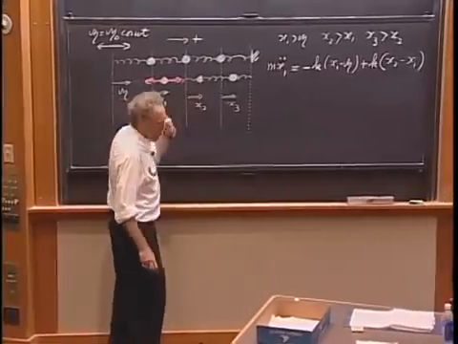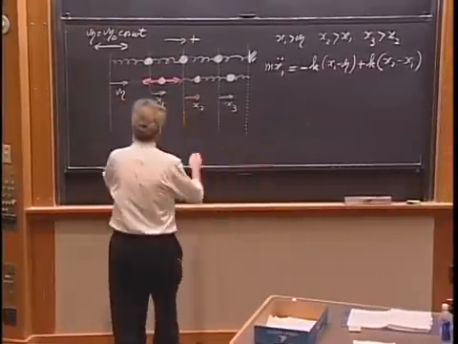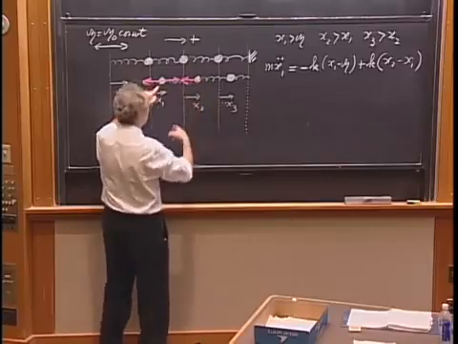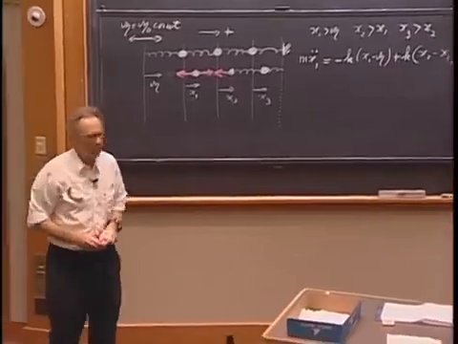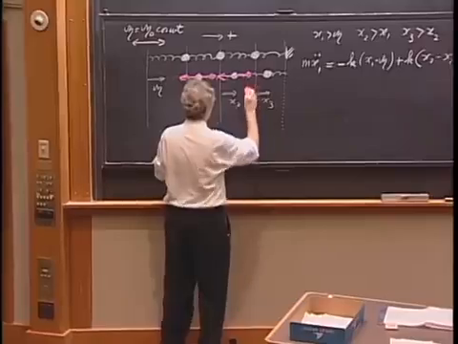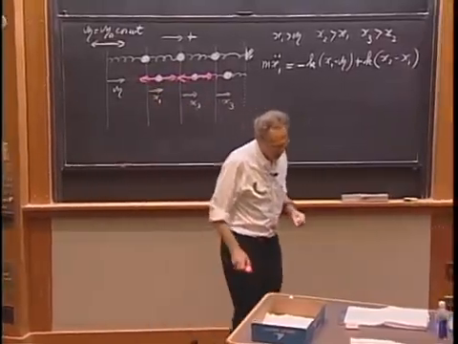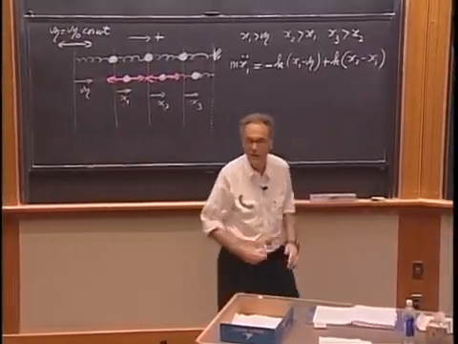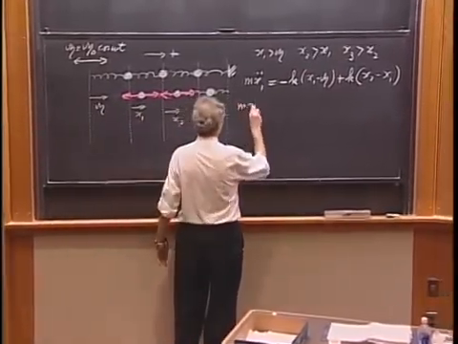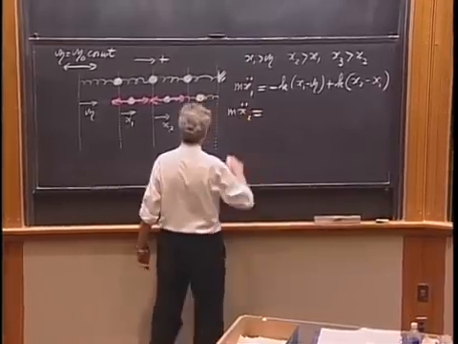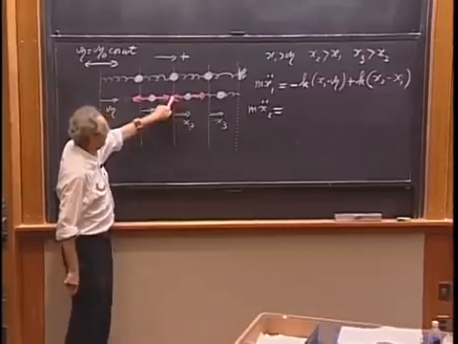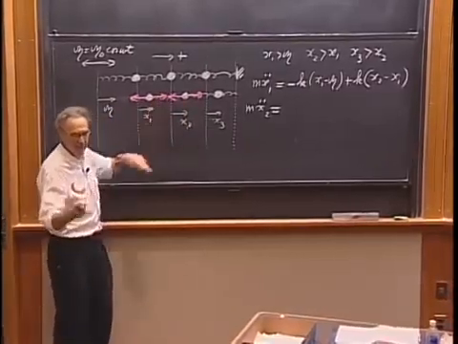So let's now go to this object. If this spring is longer than it wants to be, it wants to contract, so this object will see a force to the left. But if this spring is longer than it wants to be, because x3 is larger than x2, it will experience a force to the right. So I can write down now the differential equation for object number 2: m x2 double dot. Notice that the pull to the left is the same as the pull to the right.